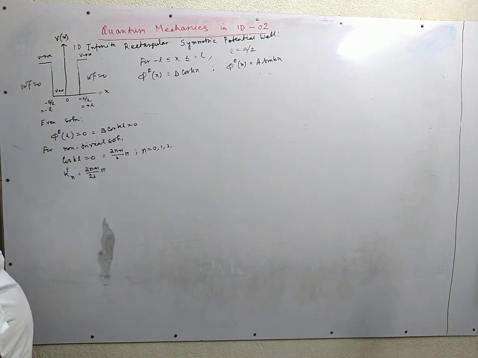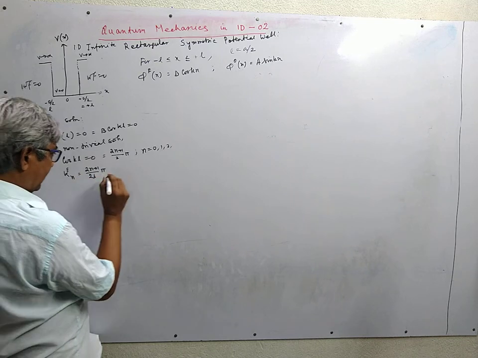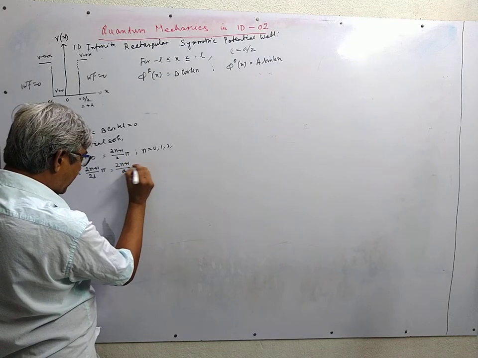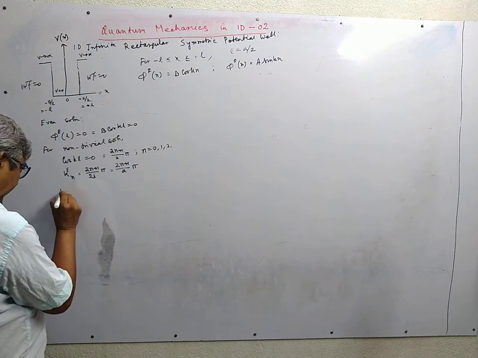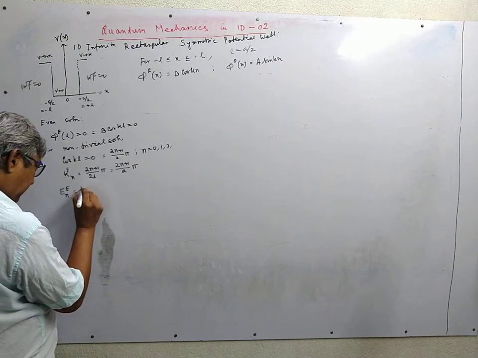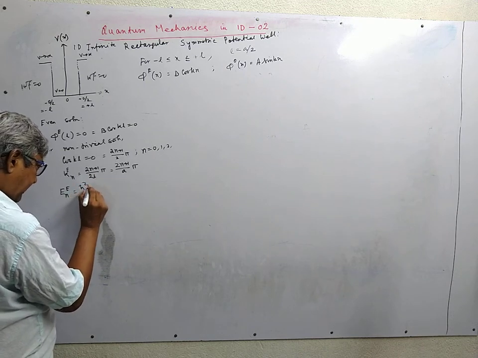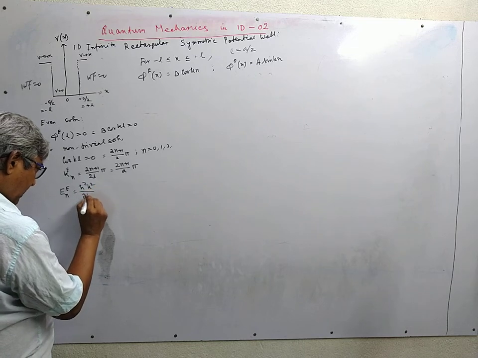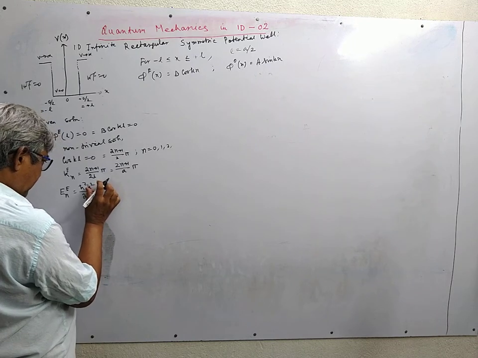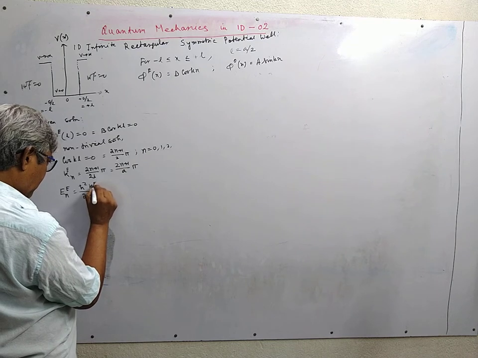The corresponding energy values are, and we see that this is 2l is equal to a, so this is 2n plus 1 by a pi, and the corresponding energy values En even is equal to h line square k square by 2m. Now this actually becomes kn even whole square.